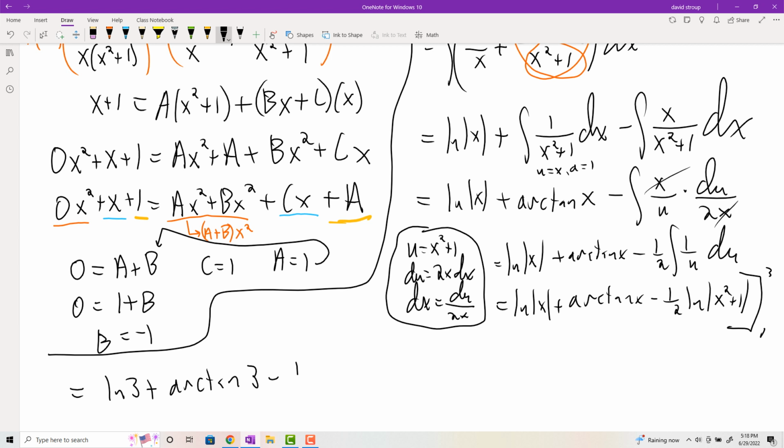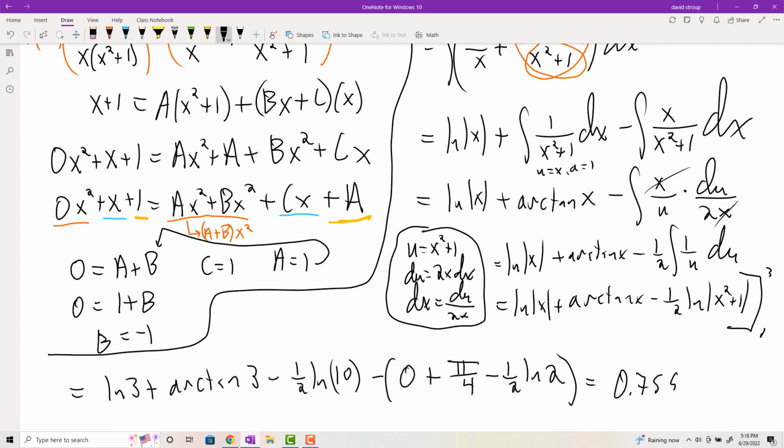Minus, I need my calculator for this one, ln of 9 plus 1 is 10. And then minus ln of 1 is 0. Arctan of 1 is pi over 4. And then minus 1/2 ln of 2. And if you plop that into your calculator, you'll end up with 0.758 to 3 decimals.